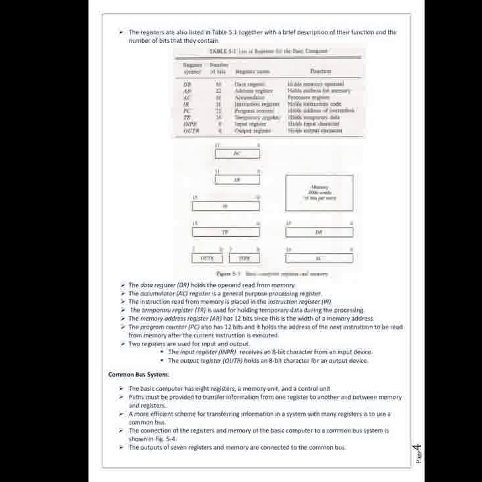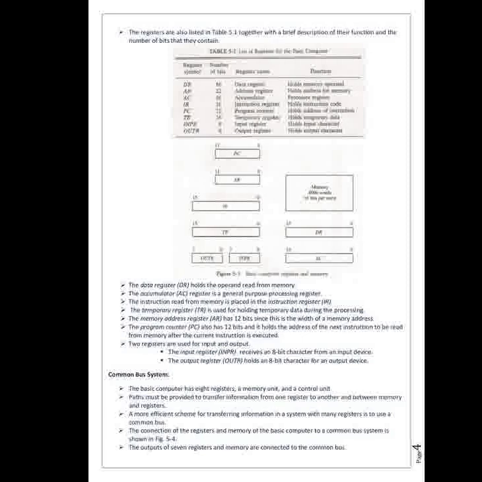For example, the data register. You think of the address register, for example. The data register holds the operand read from the memory. See, there is data which is read from the memory. Suppose A is equal to 20. That is data which is in the memory.